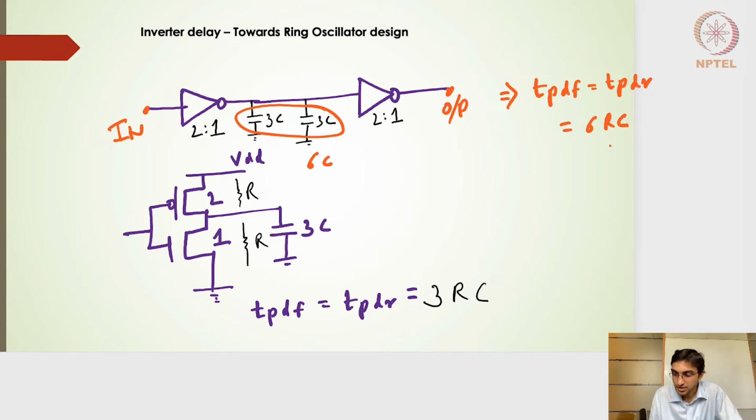If I normalize this, the normalized delay will be 6RC divided by the benchmark 2:1 inverter delay of 3RC, so it will be 2. Now, the question is, what if I connect one more inverter here, and so on. If I have n such cascaded inverters, I'll get the overall delay as 2 into n.